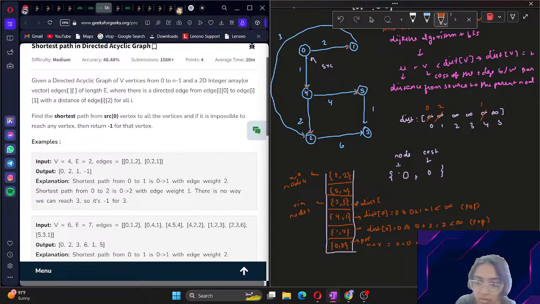Distance of node 1 is gonna be 2. So 2 plus 3 is gonna be 5, less than infinity. So we're gonna update this distance to 5, and we're gonna pop it out. So while popping it out, we are gonna insert 3 comma 6.